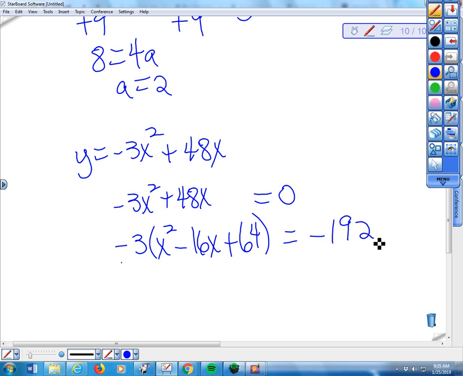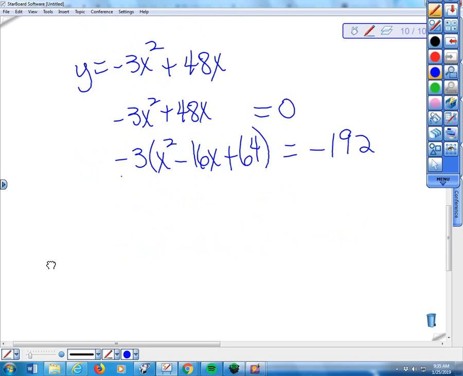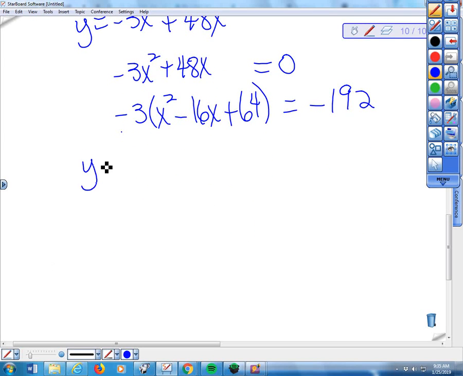I was doing 16 times 3. Okay, so to get it in vertex form, minus 3 times x minus 8 squared plus 192, which is letter C. Axis of symmetry is x equals 8.